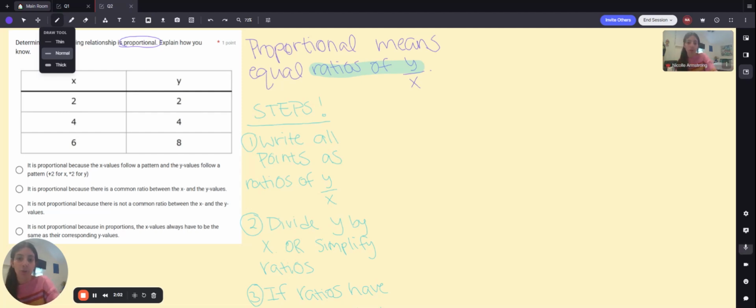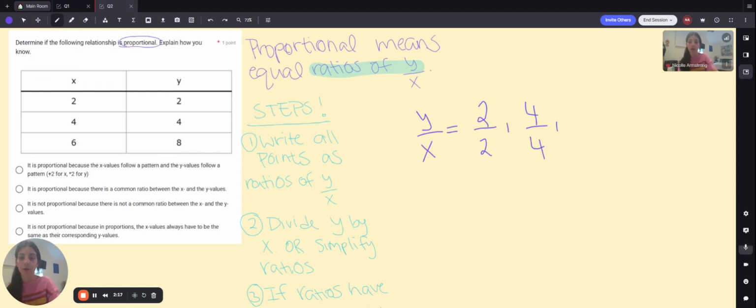Our first point will be 2 over 2. Our second point is 4 over 4. And our third and final ratio is 8 over 6, or 8 to 6, excuse me.